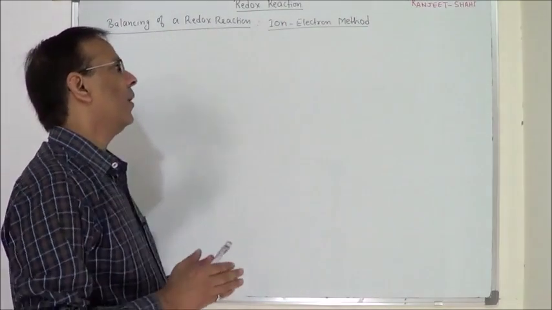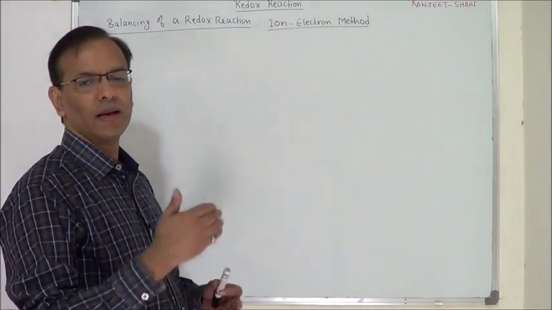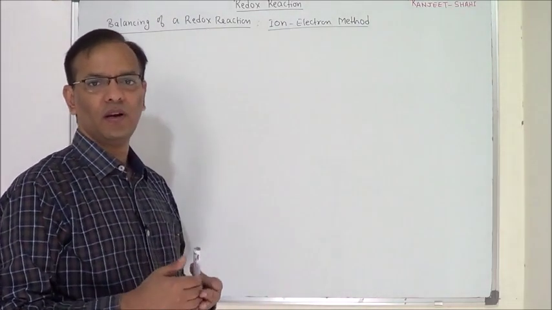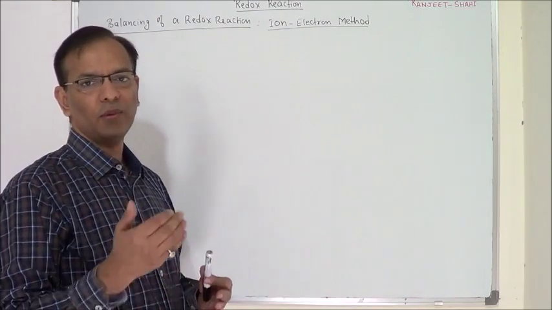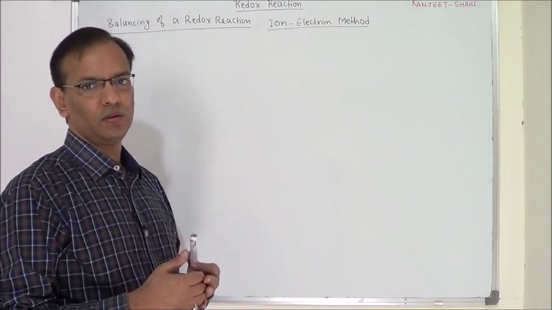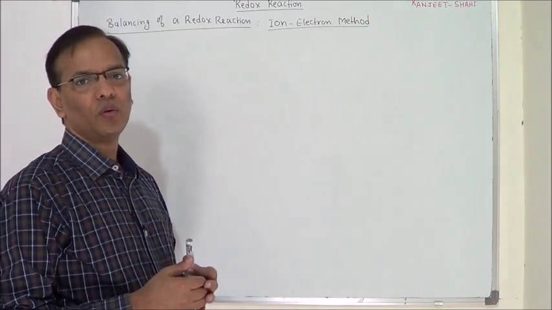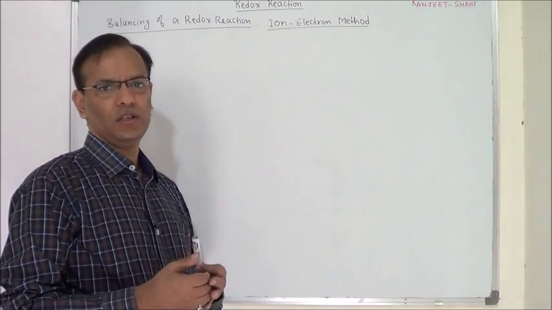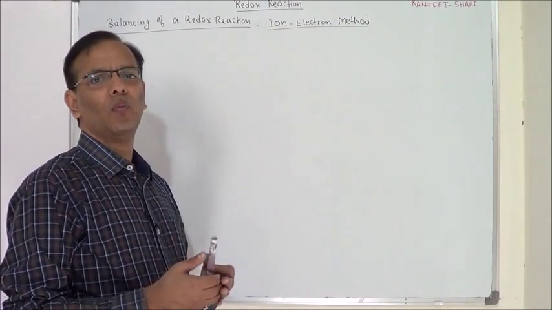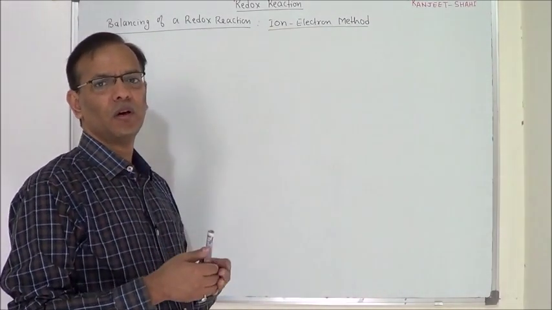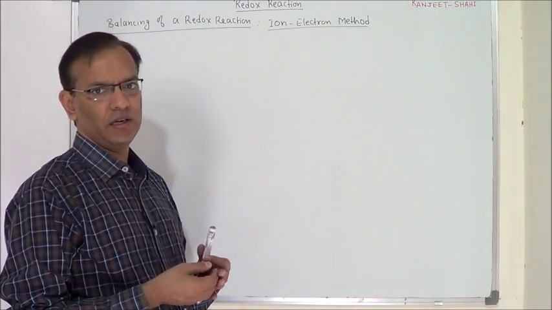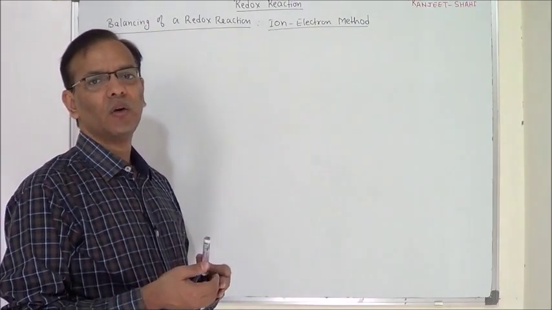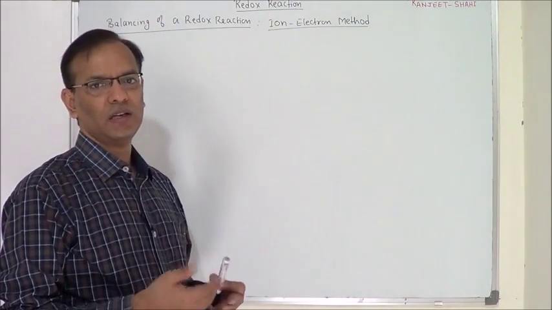In the ion-electron method there are certain steps, and they must be used in a proper sequence also. We are going to take a case of a redox reaction and apply all those steps on it simultaneously, so that at the end when we complete the method, we will have a balanced redox reaction at hand.